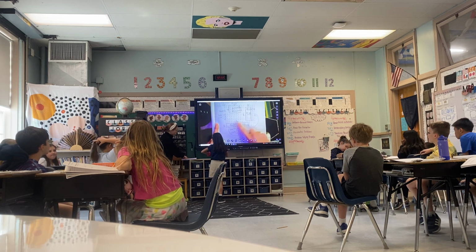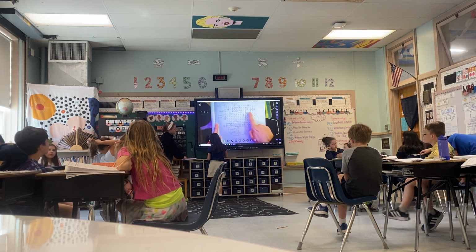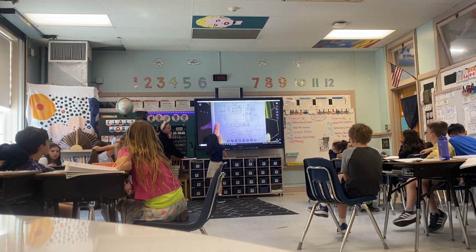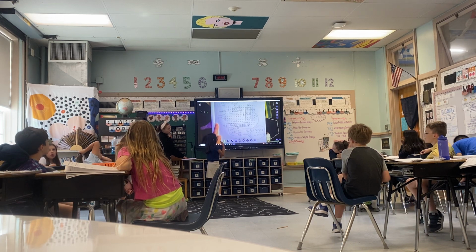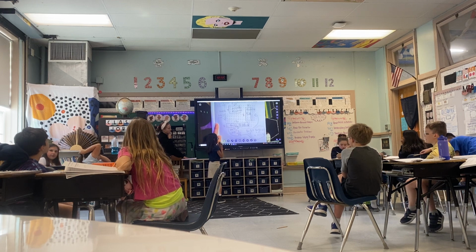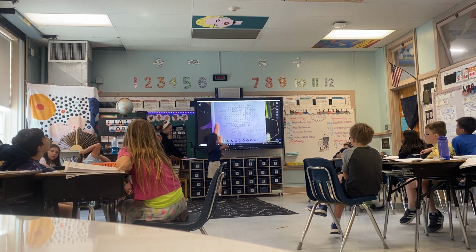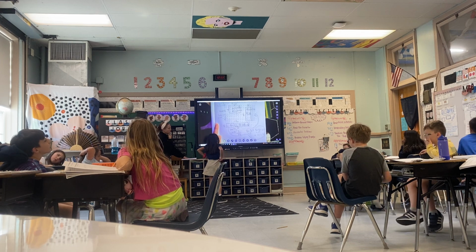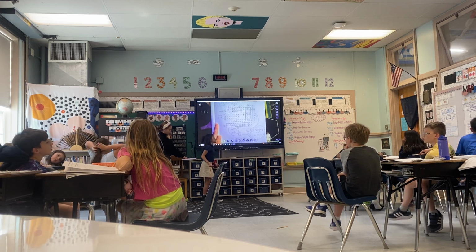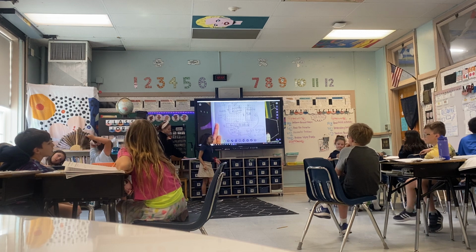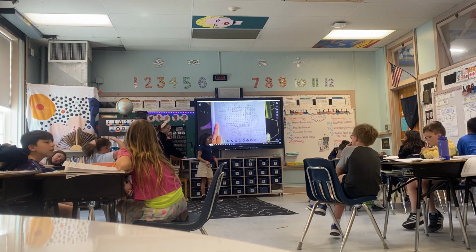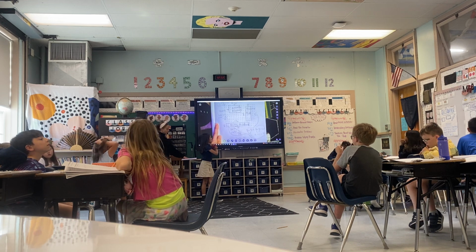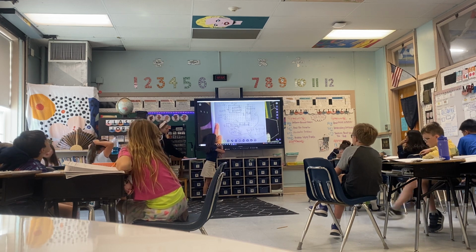Just tell us how you figured out these 3 rectangles. I multiplied 7 and 3, because I broke 8 into 1 and 7. And I knew that 7 times 3 is 21. Then I added 1 more 3 to get to 24. And that's how I got the area of 24 units.